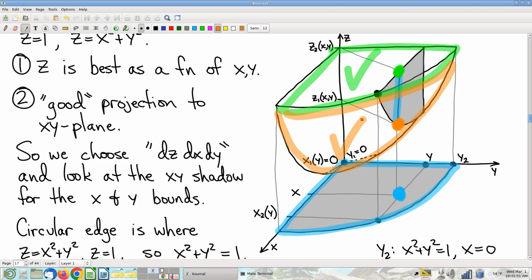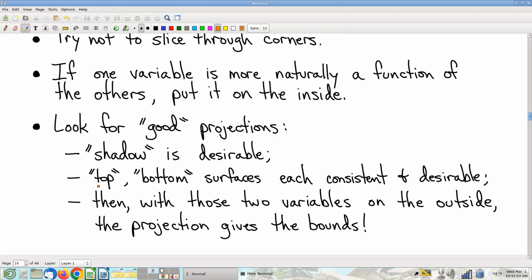All right, so this is what I mean by good top and bottom surfaces. It's always the same equation for each one of them, and they're not bad equations.